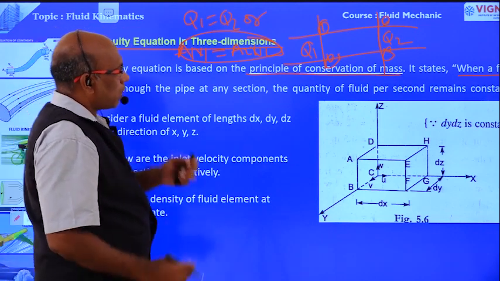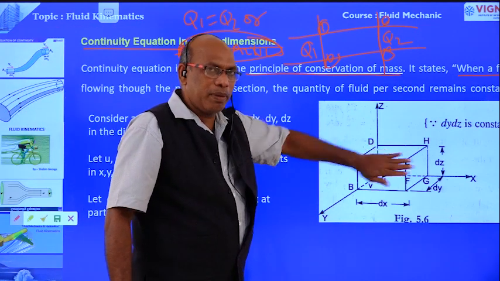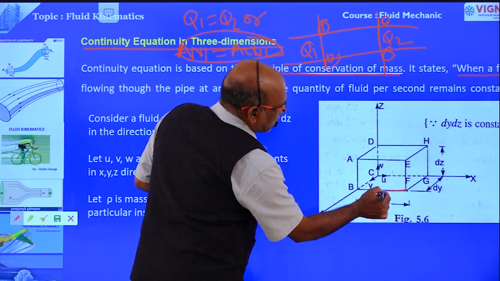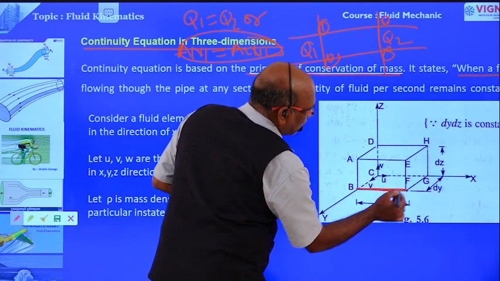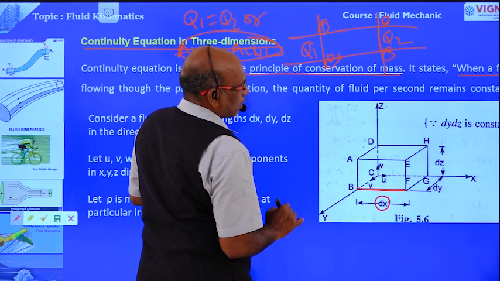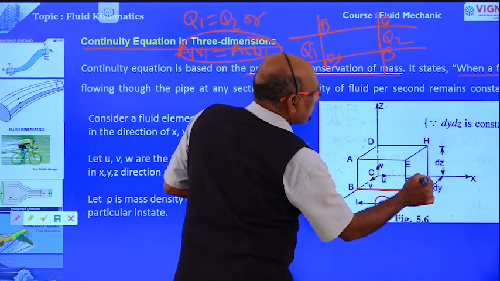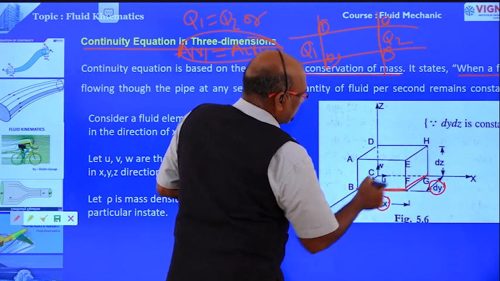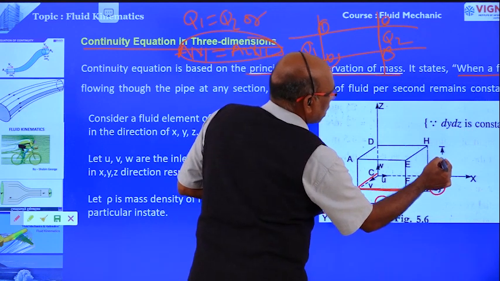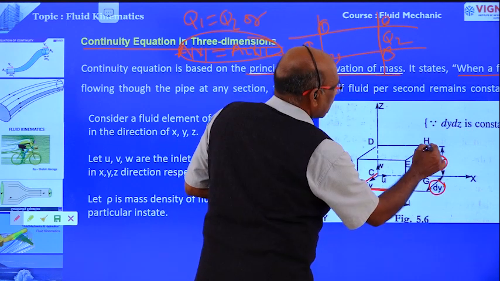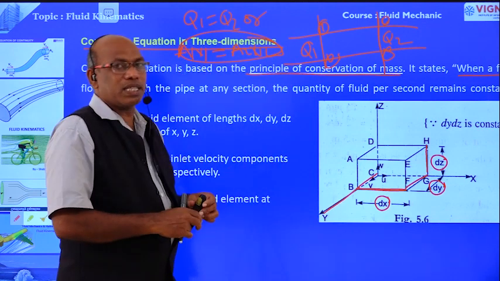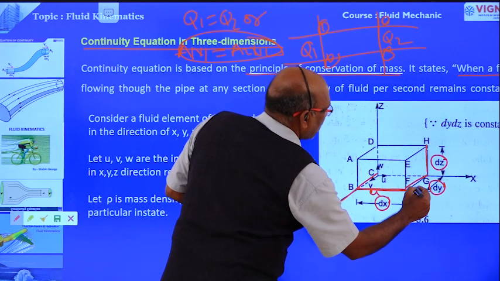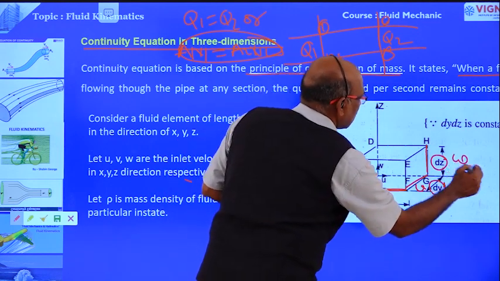Then we are going to take one small fluid element here. In this fluid element, this is the x direction, the fluid element length is dx, this is the y direction, the fluid element length is dy, this is the z direction, the fluid element length is dz, and the velocity components in the x direction is small u, in the y direction is small v, and in the z direction is w.